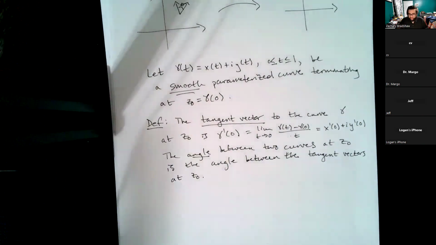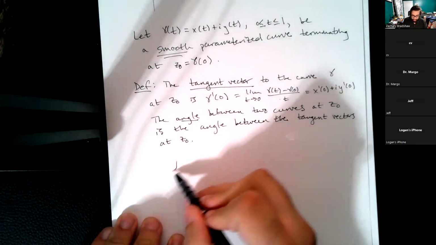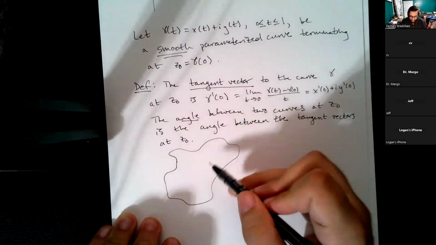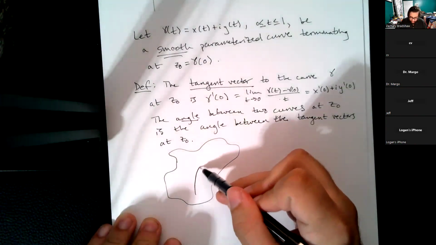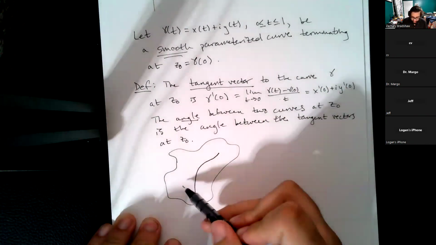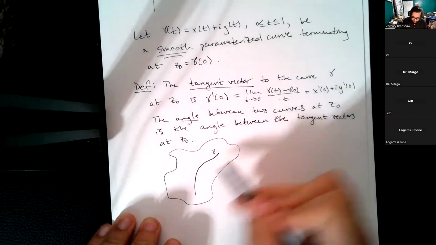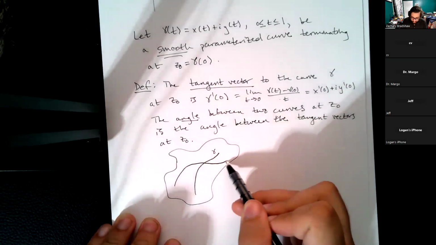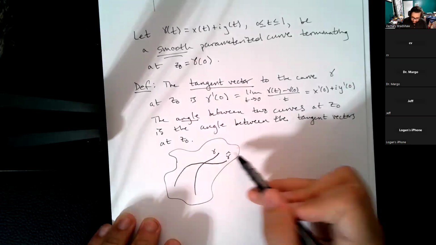Okay, so it's worth drawing a picture here. So suppose you have some domain, whatever, and we have this curve gamma. Maybe it does something like this. And we have another curve. Let's say it does something like this. We'll call this one gamma hat.